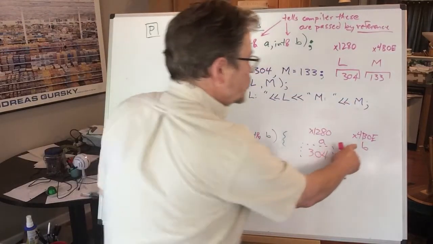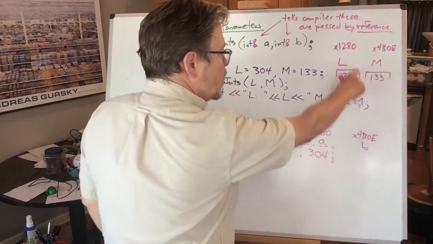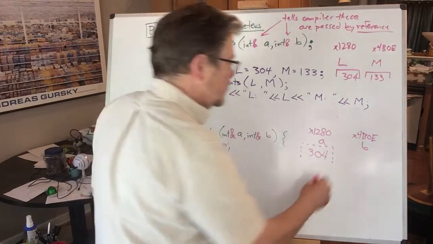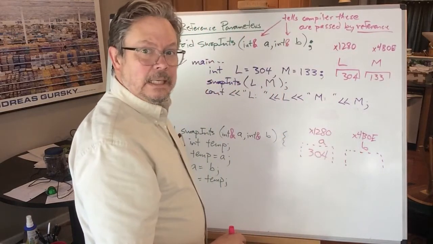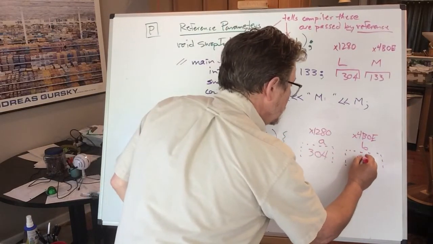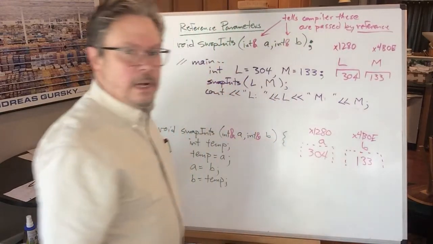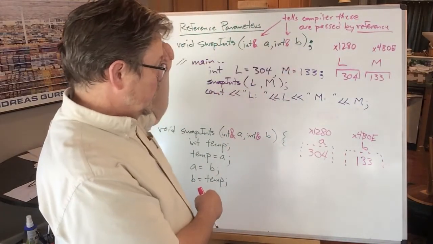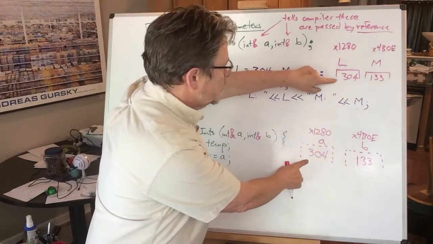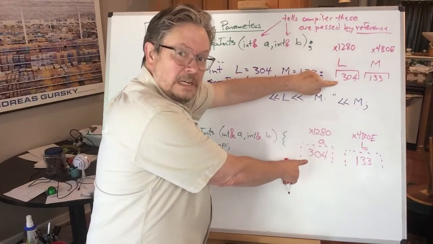So we've got address 4B0E. We know where that variable in the main program lives, and we are going to call it by our own local variable named B. So if we were to print that out, we would certainly see the 133, but your eyes deceive you. You're seeing double. How much have you had to drink today? Those two 304s are actually one and the same.